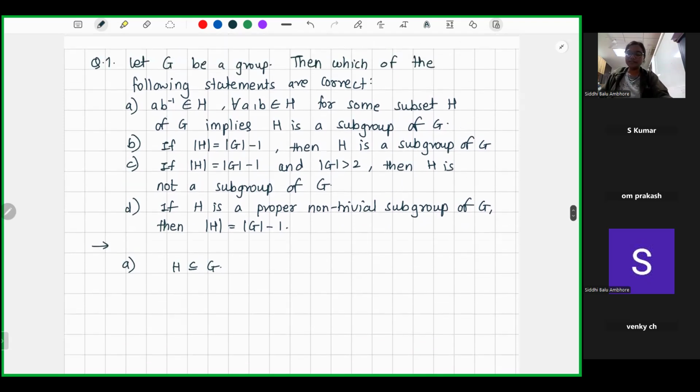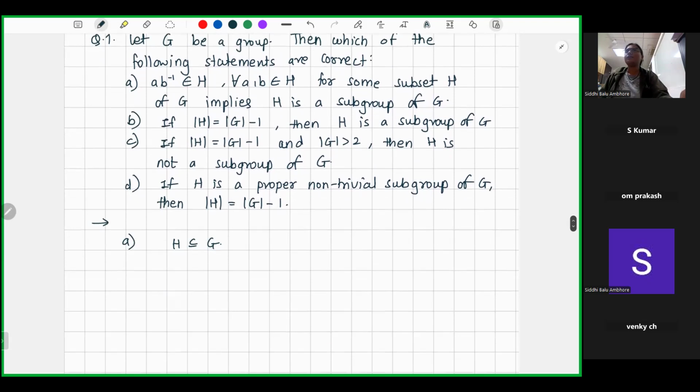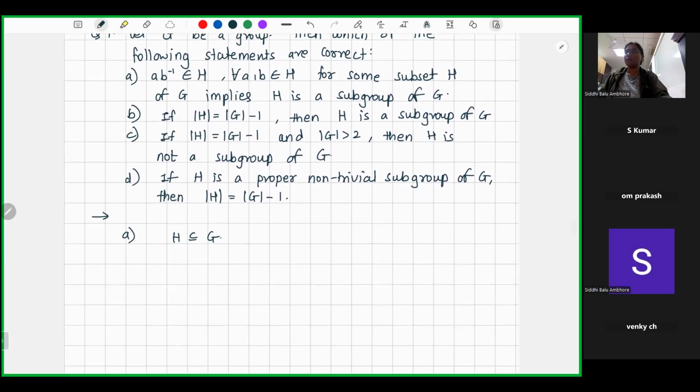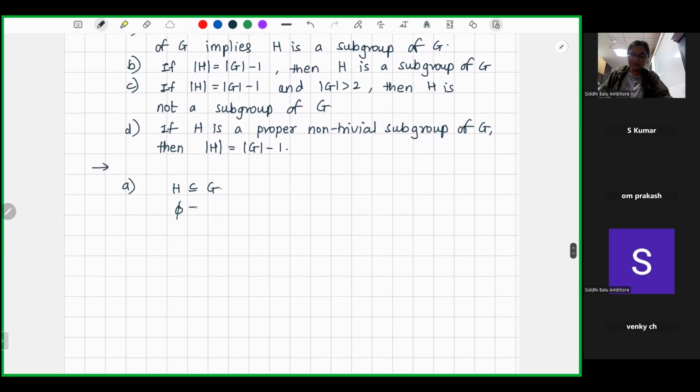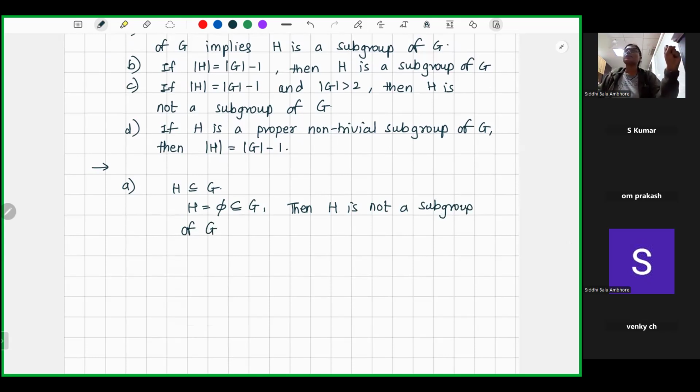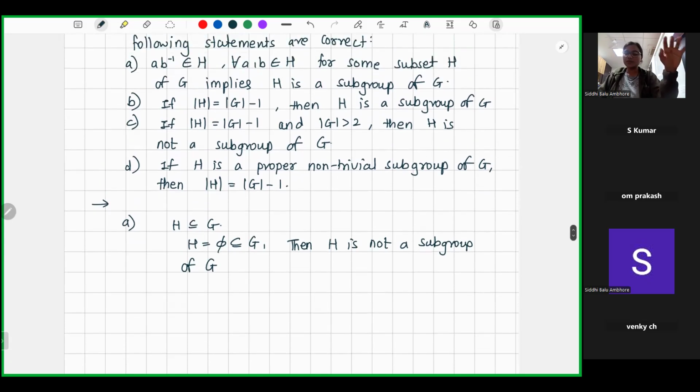They have not mentioned whether this H is a non-empty subset or not. So if I take H as the empty set, which is contained in G, then H is not a subgroup of G, right? For subgroups, I need to have identity in the set.